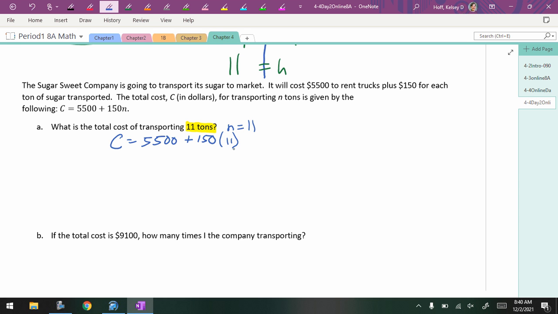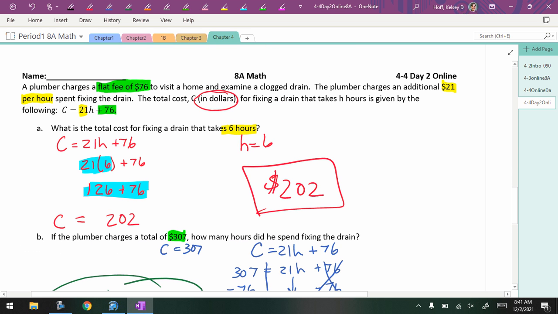Quiet hands, please. What should you do first? Nope. What do you do first? Go back. What do we do first?